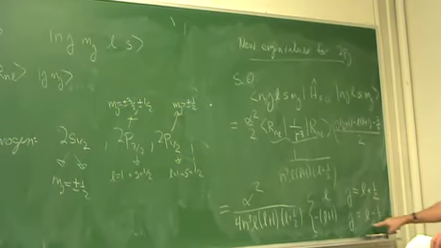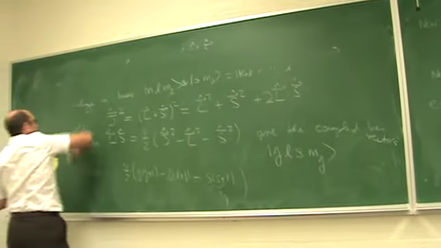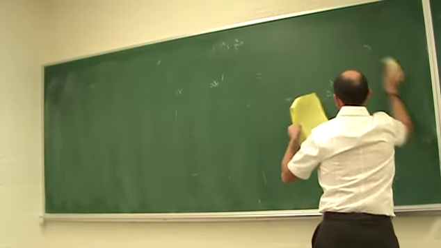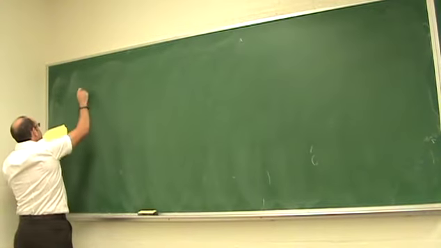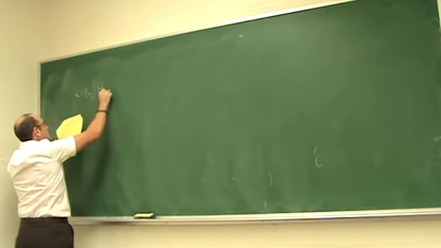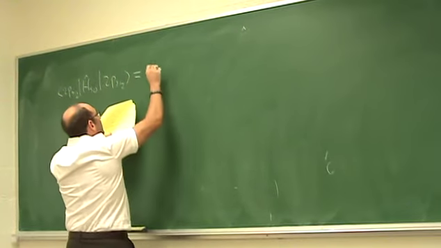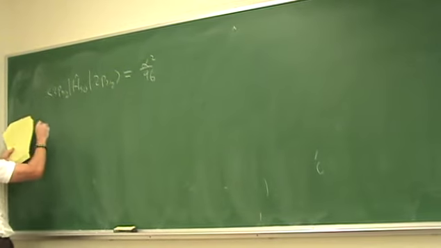In the case L equals 2, you can calculate what it is. Let's complete this. For the 2p3 halves, the shift is alpha squared over 96.